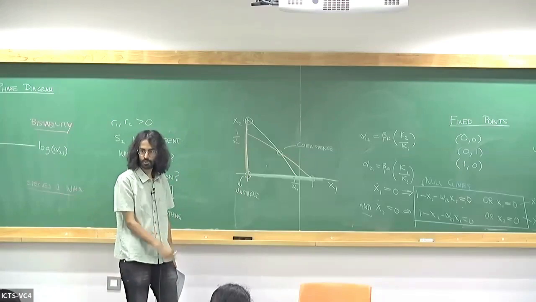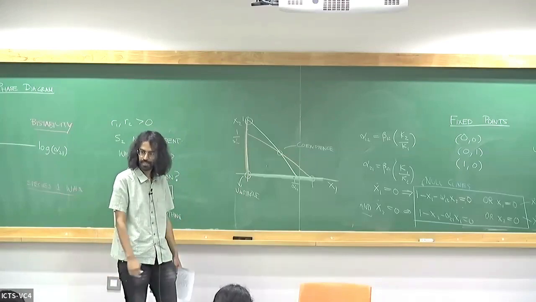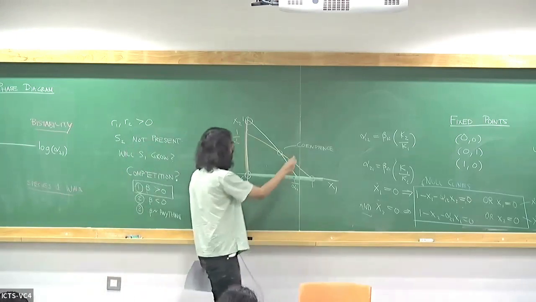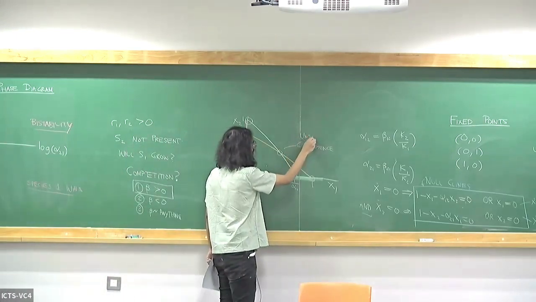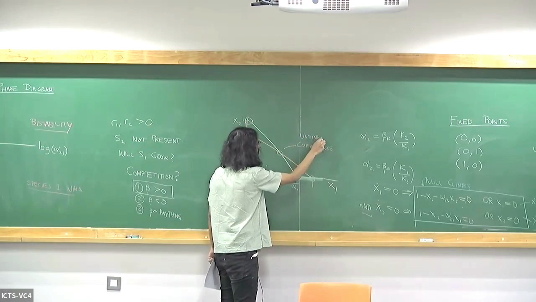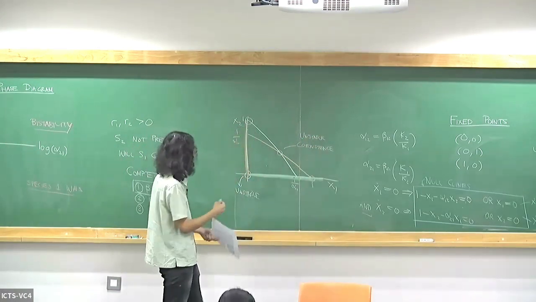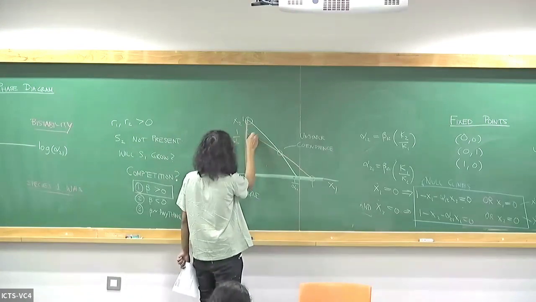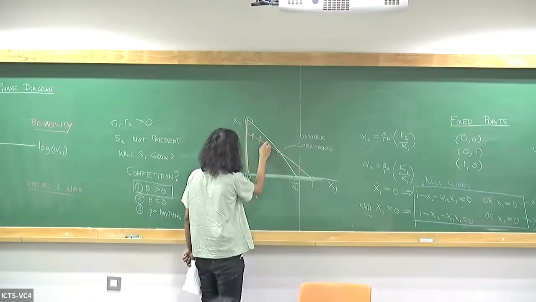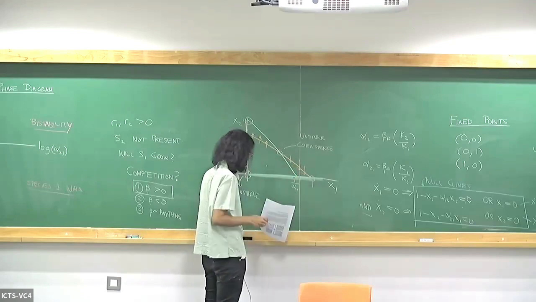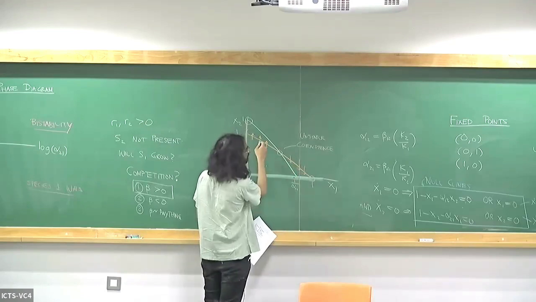So now you can do the Jacobian analysis for this case, and you'll find that it'll be unstable. And you can also see that this time the arrows will flip. So this will now have arrows pointing up. This will have arrows pointing down. This will have arrows pointing to the left.